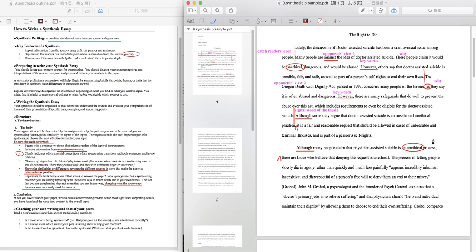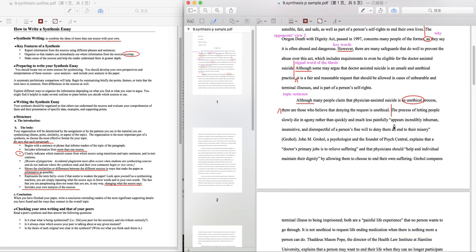Did you get my point? This key topic sentence, right, is actually the repeating of these sentences. Let us go on reading.